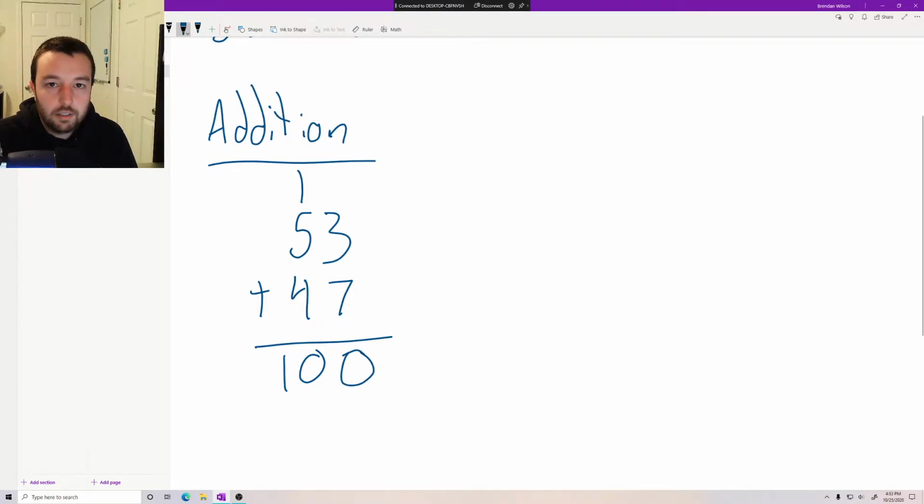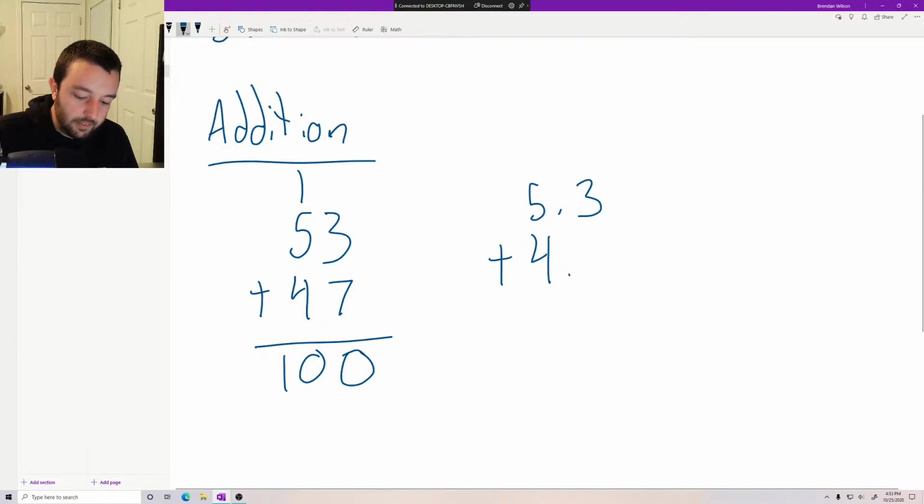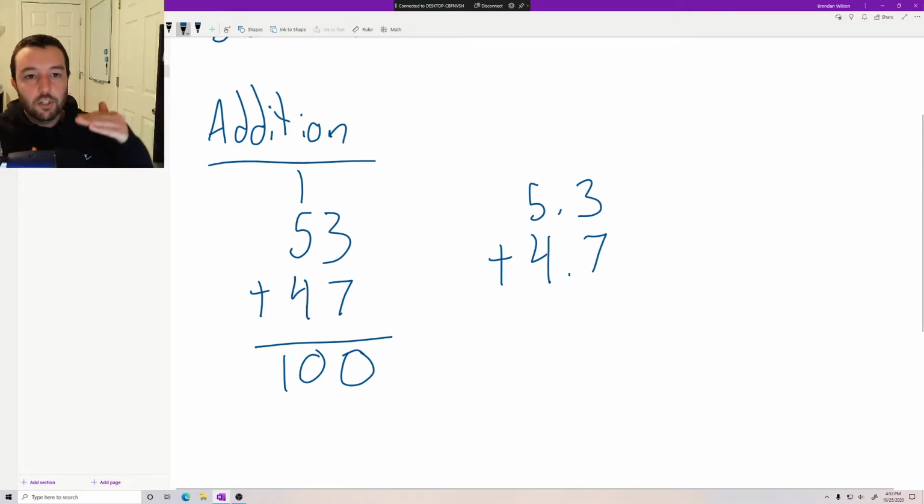Decimals is going to work the exact same way. If we had 5.3 plus 4.7, we're doing the same thing. We're still putting the numbers on top of each other and we're making sure to line up the place values. The only difference is now we have some additional place values on the other side of the decimal.